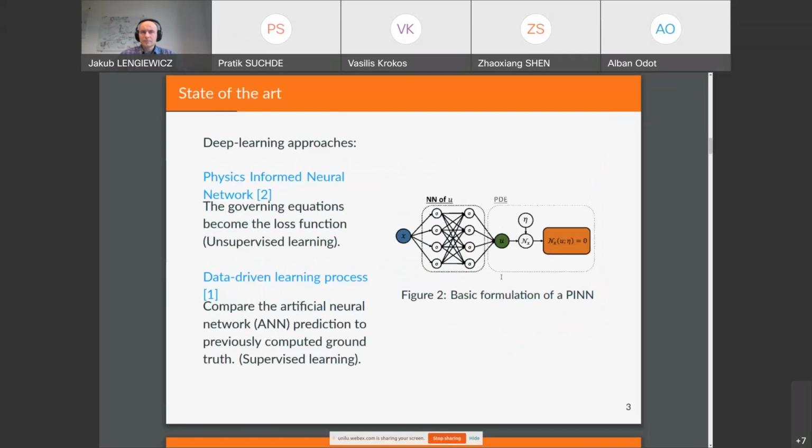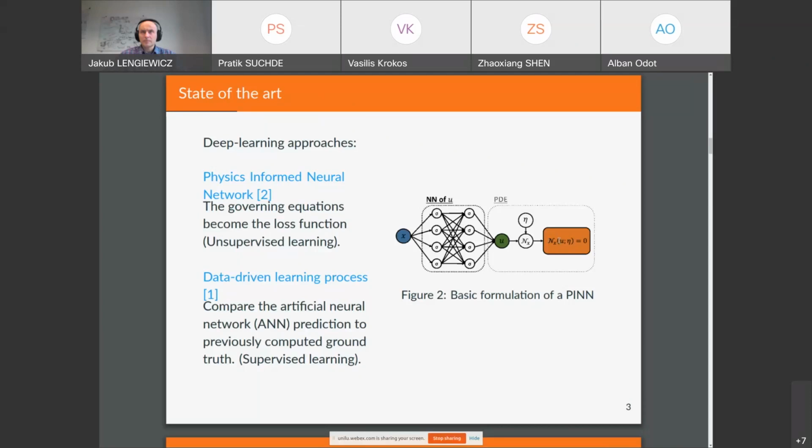So in the case of deep learning, there are two main fields: the physics-informed neural networks that provide the formulation of the physical phenomenon that you're trying to solve within the loss function or the cost function.